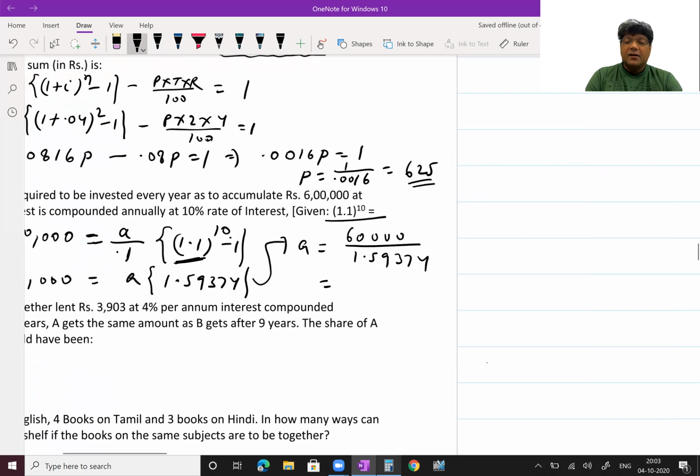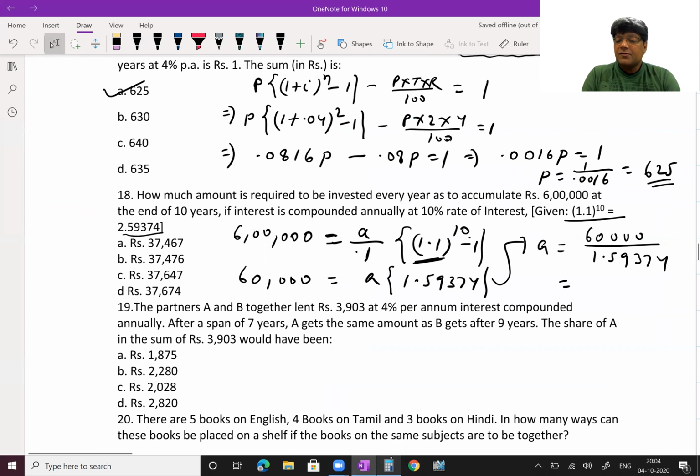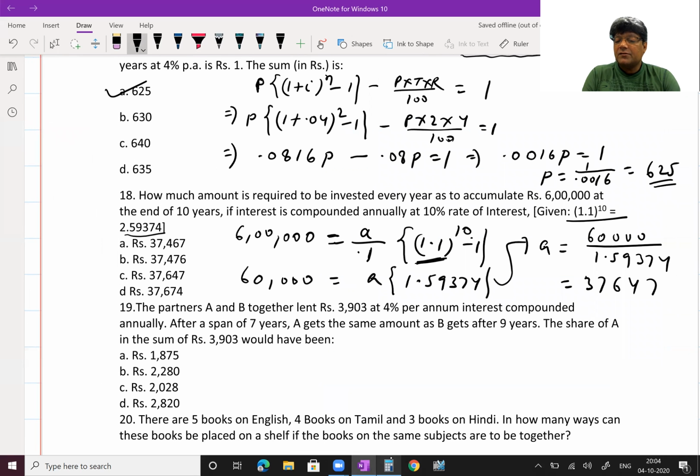Finally, calculator is telling 60,000 divided by 1.59374 is equal to 37647.30 paise. So paise you leave, 37647. Any option? 37647 is the option C.